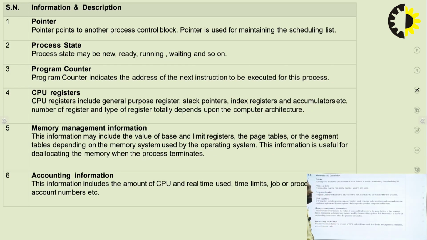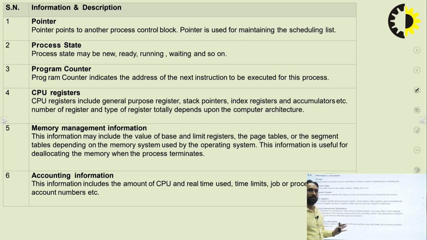These are the fields it keeps. Pointer points to another process. The control block pointer is used for maintaining the scheduling list, the next process that is going to execute. And process state, as I said earlier, represents its current state.